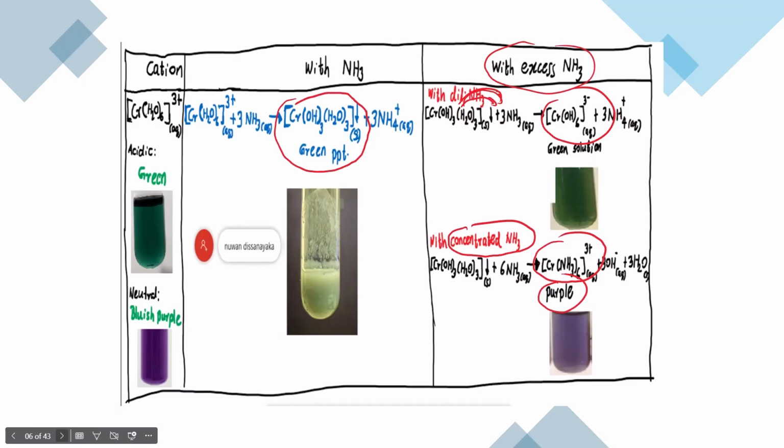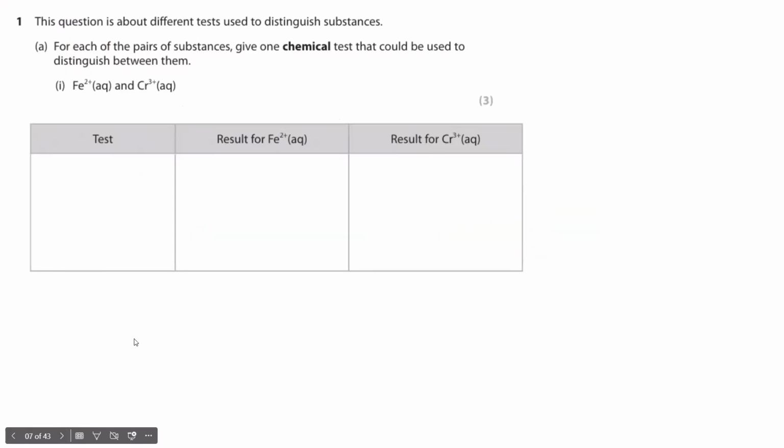So what are we going to write here? We can write: the test is add sodium hydroxide aqueous solution. I can write it with this symbol because you don't need to write aqueous solution, because aq is an acceptable symbol.